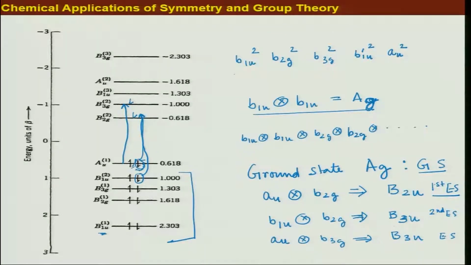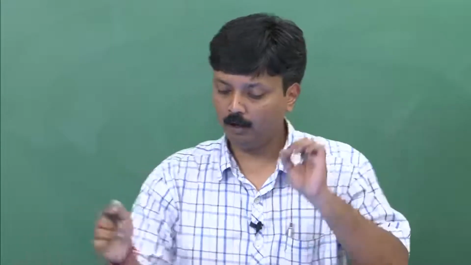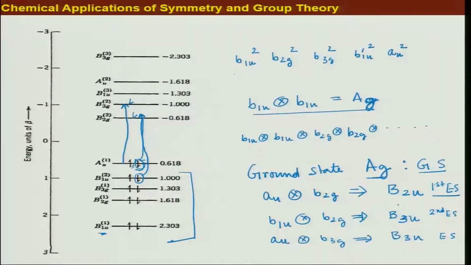So now if I want to find out whether or not the transition from AU to B2G, or AU to B3G, or B1U to B2G, is allowed, I have to actually find out whether a transition from AG to B2U or AG to B3U is allowed or not.